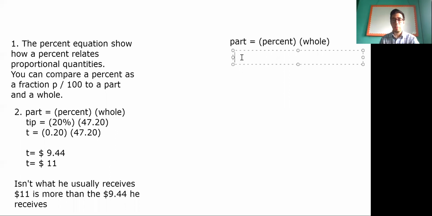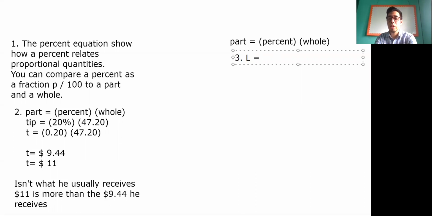What are we going to replace in here for example 3? This girl wants to know the number of people that are left-handed, so we can use the variable L. To talk about the part, we are going to use L.